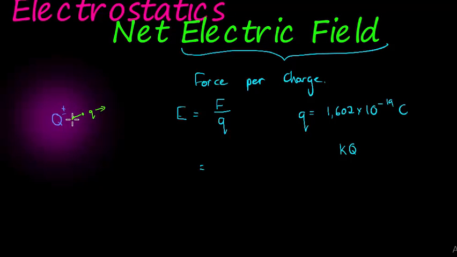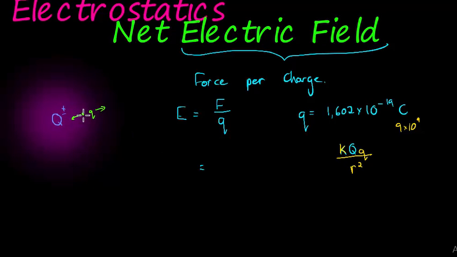As a result q is either being repelled or attracted. The size of that force depends on the charge Q, k, which is a constant value of 9 times 10 to the power of 9, and then Q times the charge on small q divided by the radius squared.